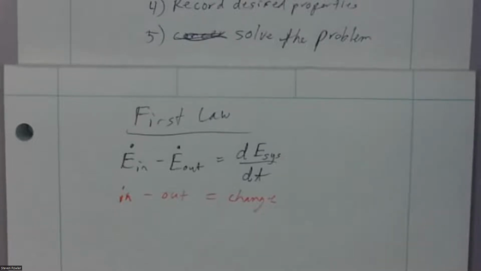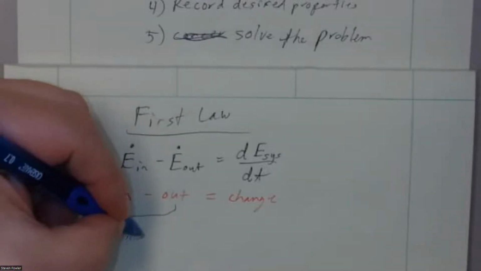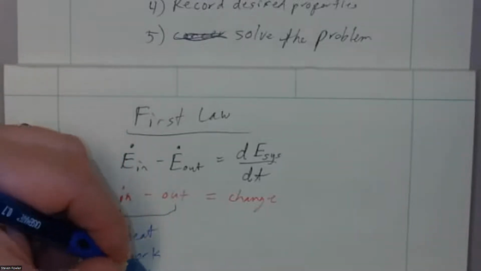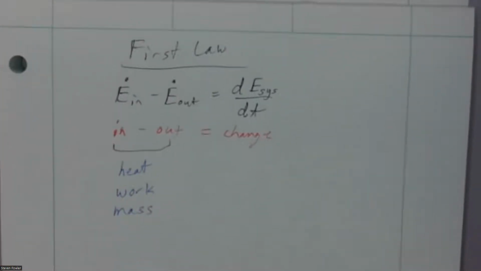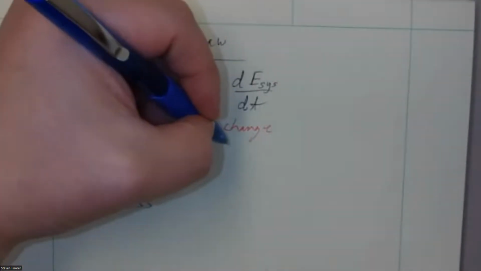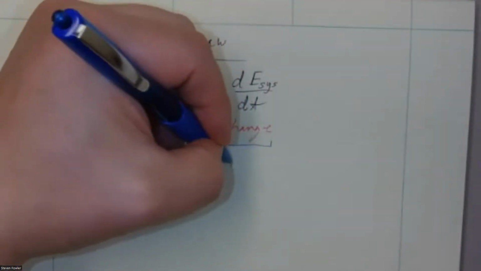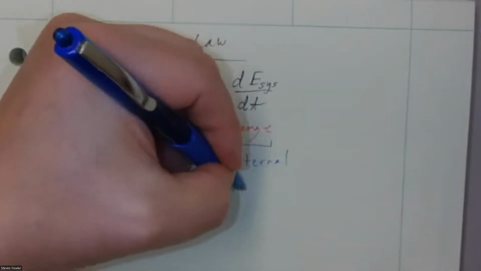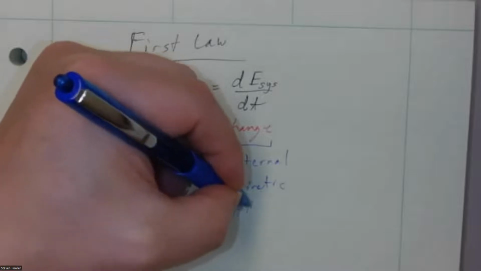So if we think about it that way, then we get into, okay, well, what are the types of energy that can come into the system? Types of energy that can come into the system are heat, work, mass. And the types of energy that can change are going to be internal, kinetic, and potential.